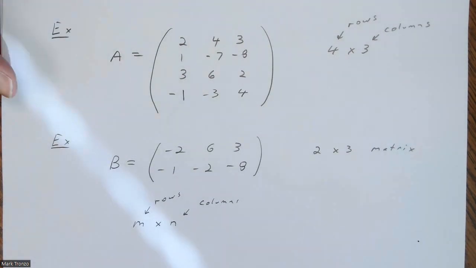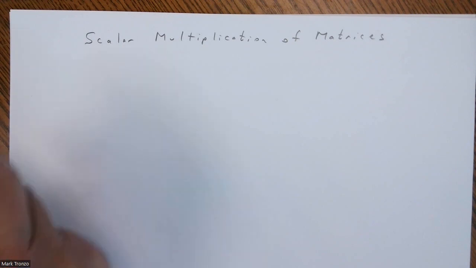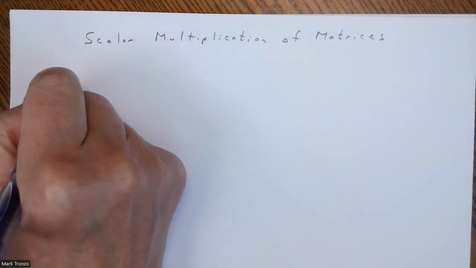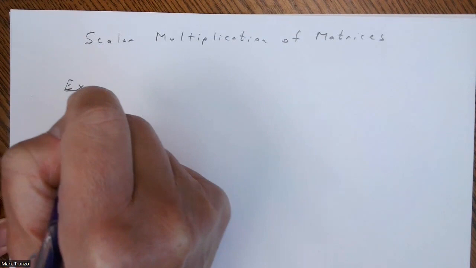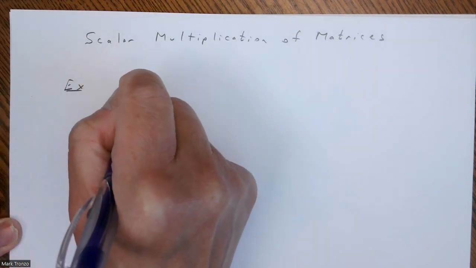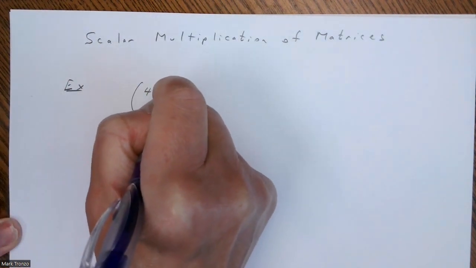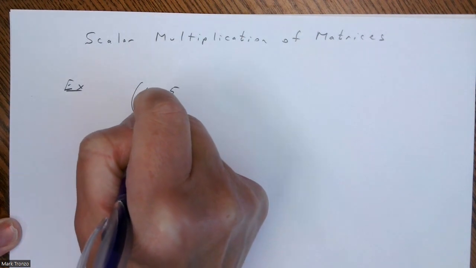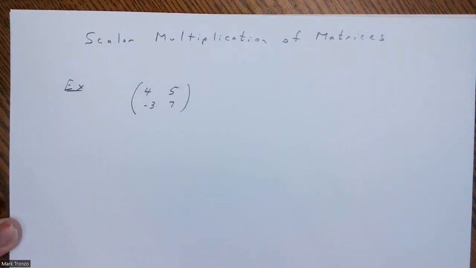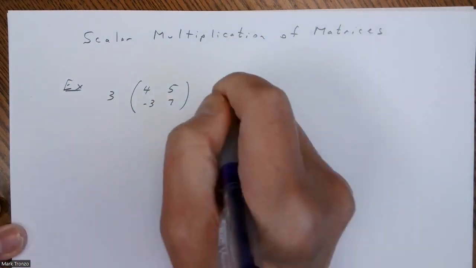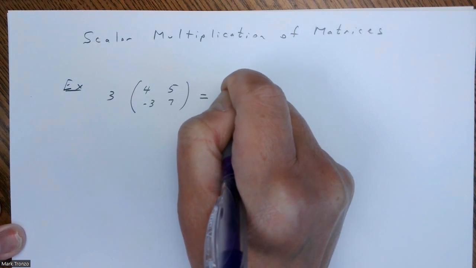And you can multiply a matrix by a number. So for example, let's say we have this matrix 4, 5, -3, 7, and we want to multiply it by 3. We multiply every element of the matrix by 3.